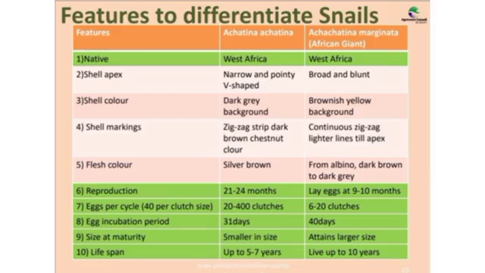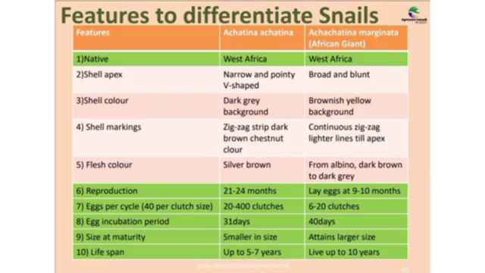And this gives Achatina marginata a better market value due to its larger size. But if you're looking at the rate of reproduction, Achatina produces more per cycle of laying of eggs.